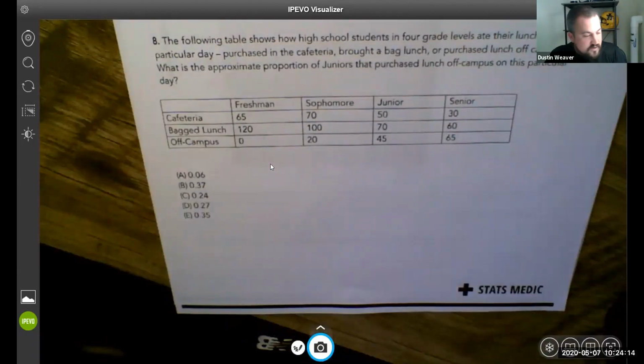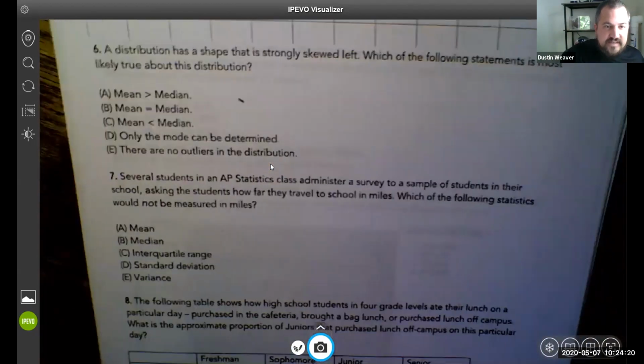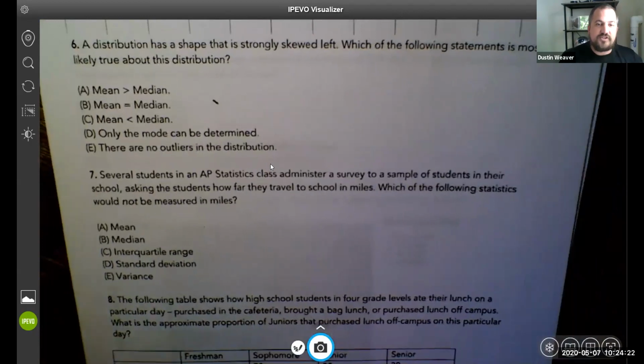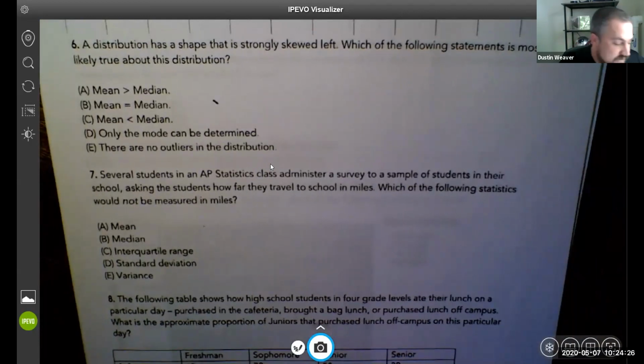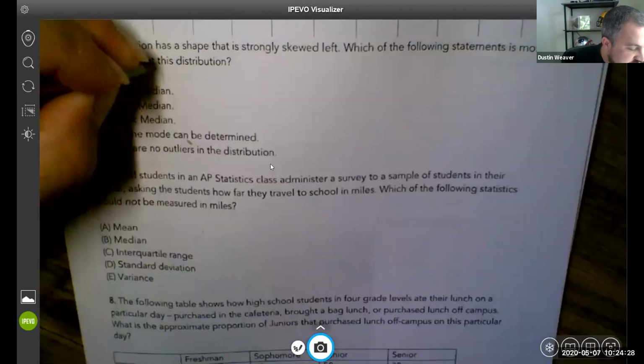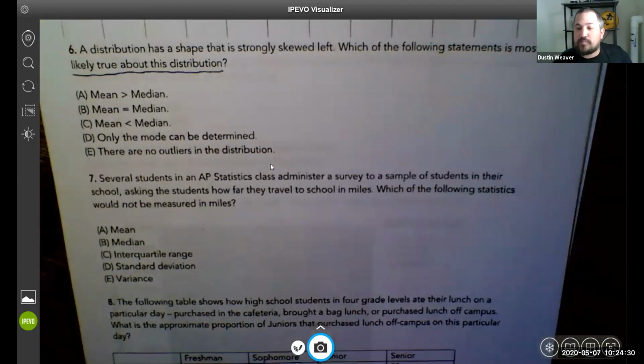Let's move forward. Go to question number 6 at the top of the page here. In question number 6, the distribution has a shape that is strongly skewed left, which is most likely true about this situation. So remember, the mean gets pulled in the direction that it is skewed.